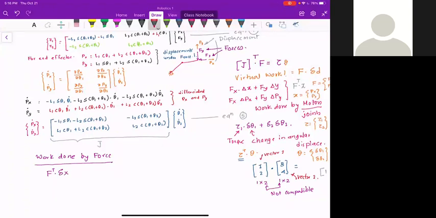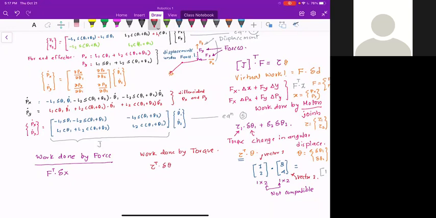Then the next thing is work done by torque or the joint moment, which is tau transpose multiplied by delta theta.